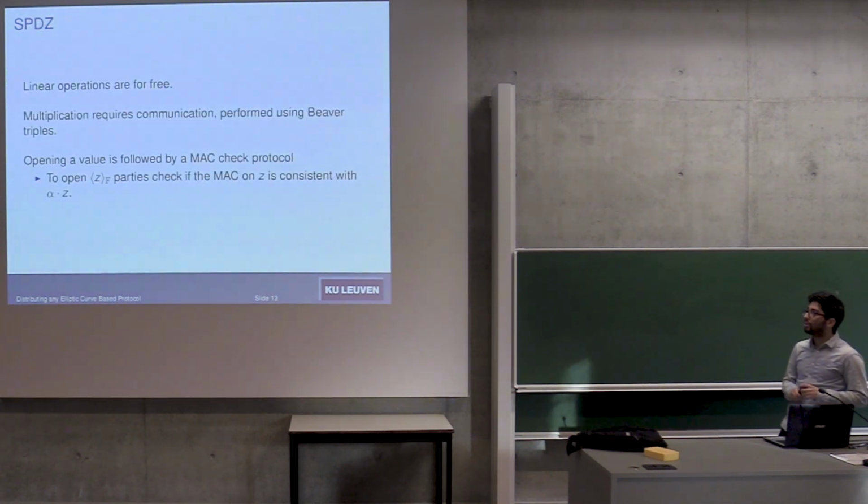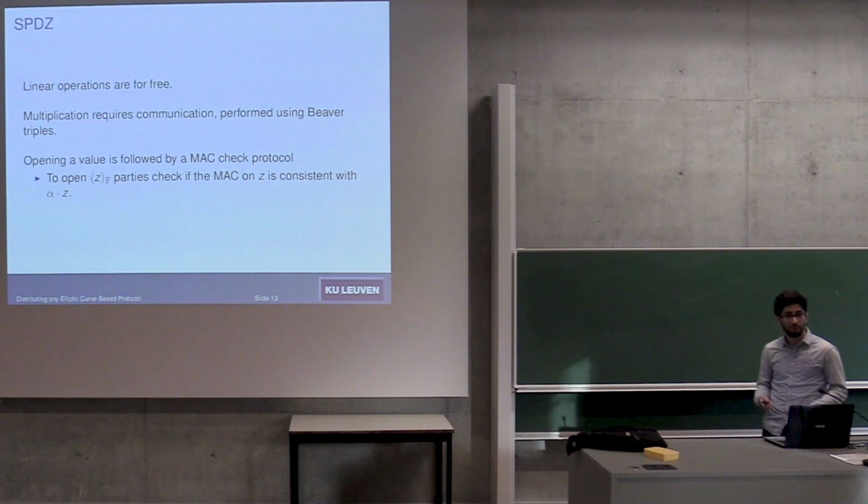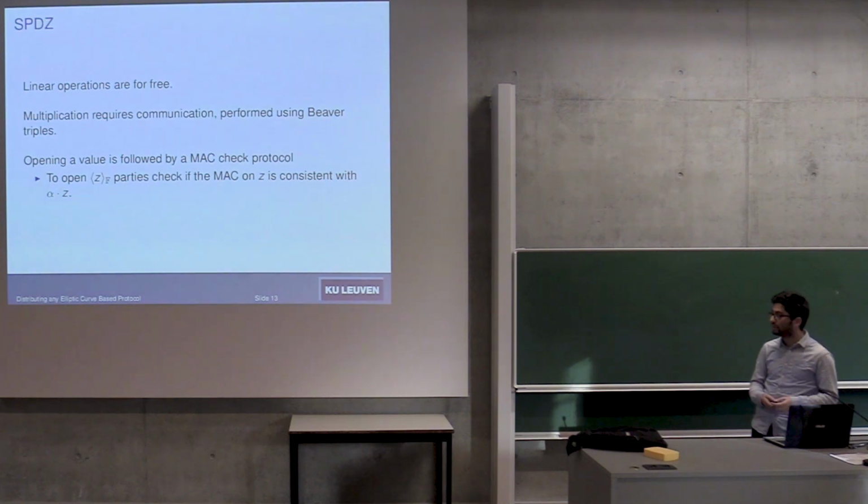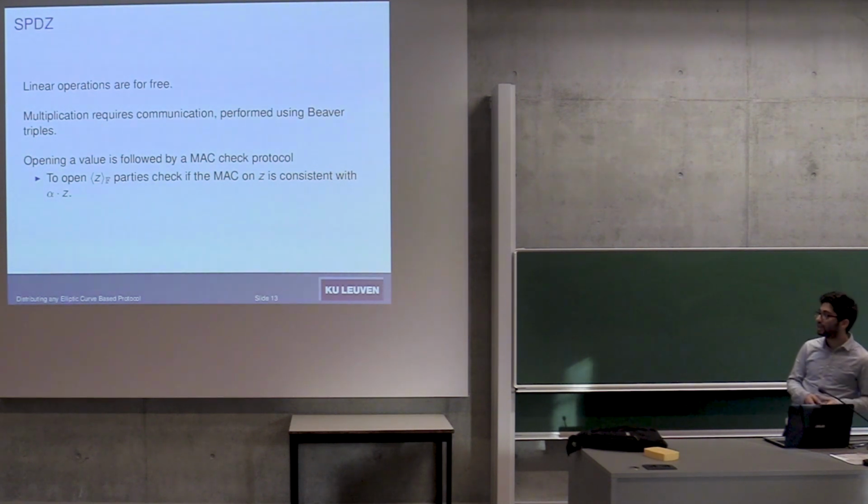So as we saw, linear operations are for free because they are local computation. Multiplication requires communication, and we will see in the next slide why and how. And finally, we have a form to authenticate values, but we need a way to use that. How can we use that authentication to check if the players deviate or not?